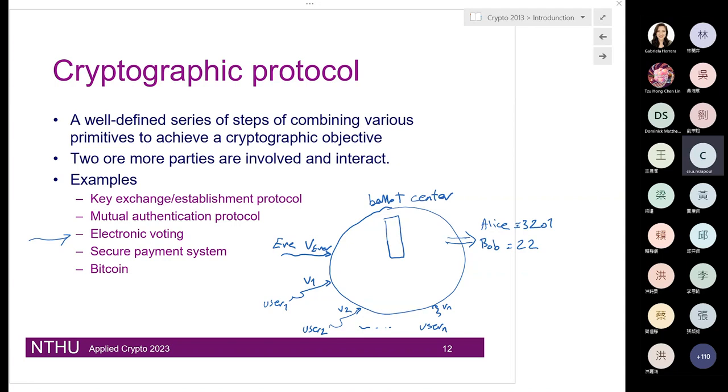So the question is, can we come up with something in cryptography that can answer some of those concerns? And the answer is yes. At the end of the course, when we learn enough material, we are going to build one of these systems together. We are going to answer all these concerns that I just mentioned, and even more concerns that I haven't mentioned yet.